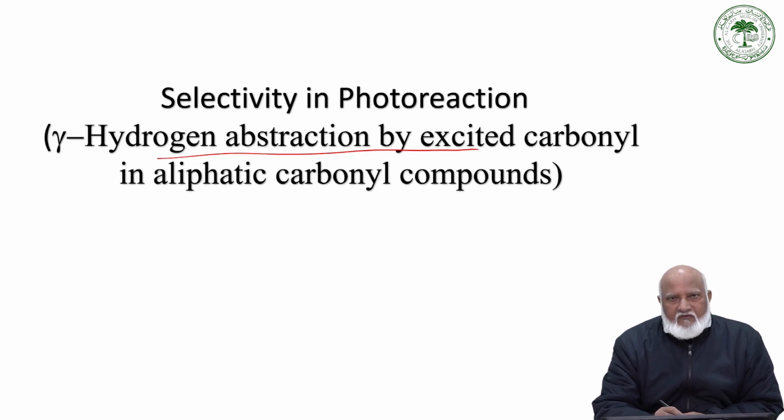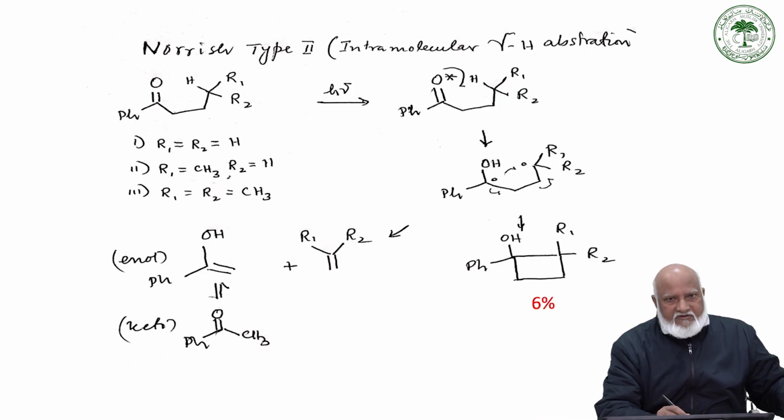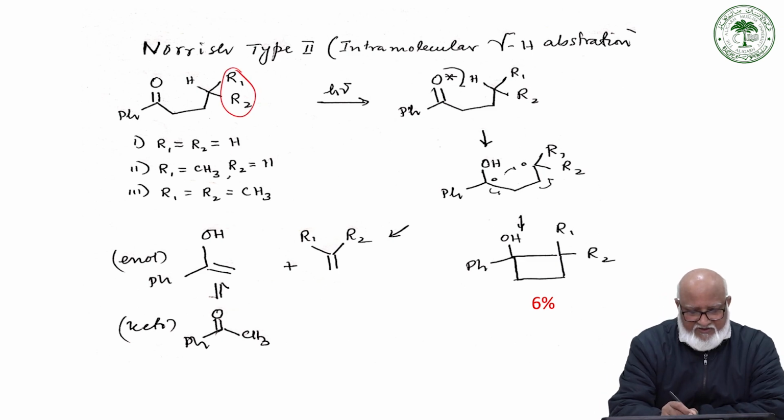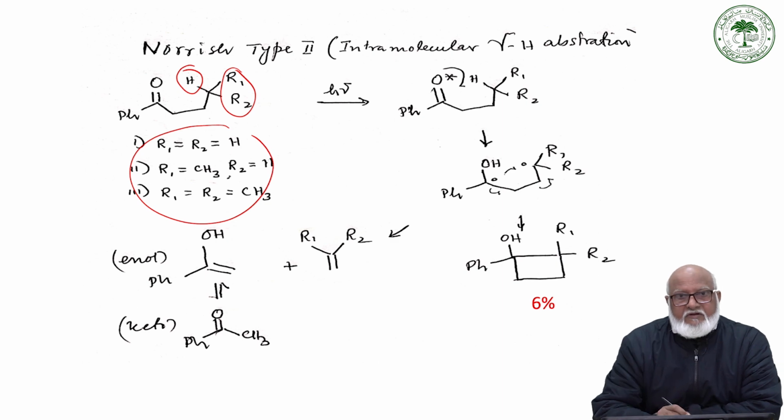We have seen that in the case of an open chain aliphatic ketone, where R1 and R2 are these substituents, there is an availability of gamma hydrogen.